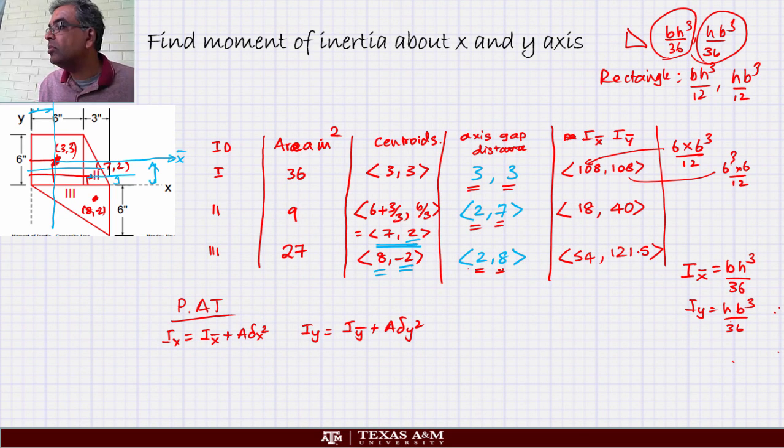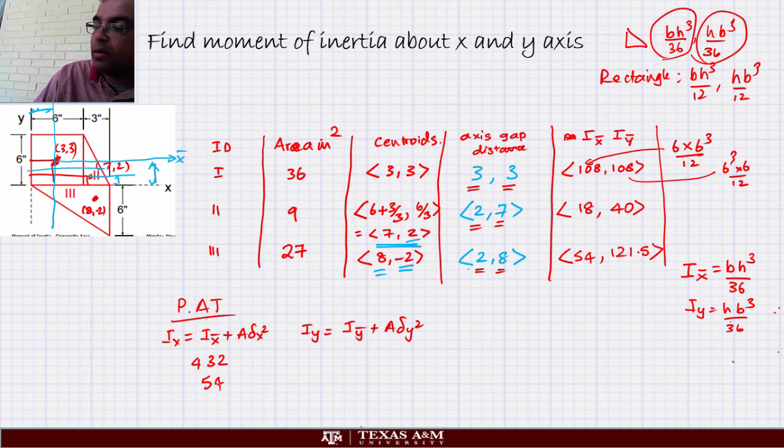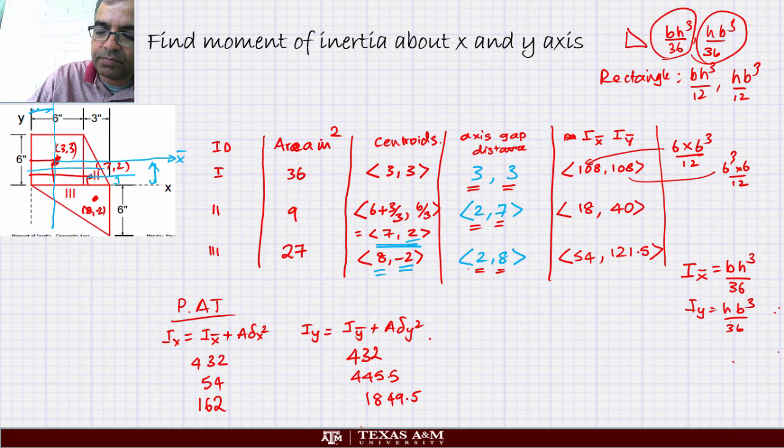So off you go, and if you compute it, you will get 432 for the first one, 54 for the second one, and 162 for the third one. And then here I'll get 432 again, and then I'll get 445.5, and then I'll get 1849.5. That's how it goes.